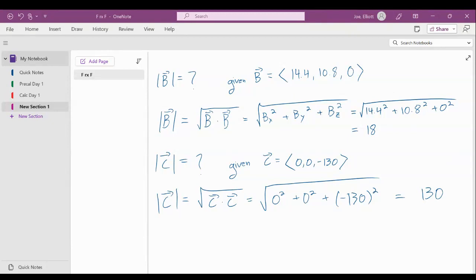Well, dotting a vector with itself is kind of like multiplying a vector with itself, but it's not limited to just that.